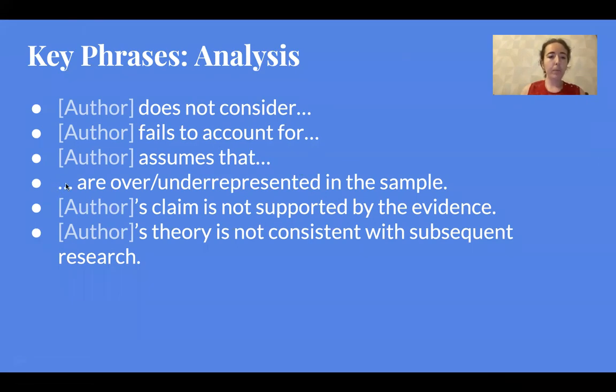Some groups are over or underrepresented in the sample. Author's claim is not supported by the evidence. And author's theory is not consistent with the subsequent research. So these are phrases that you might use in order to make some analytical remarks, some critical remarks about what you've read, to point out some issues, some flaws, some things that can be improved upon.